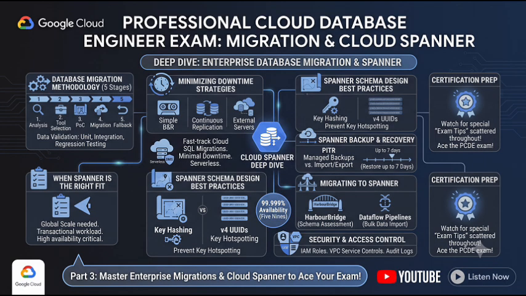Historically, in computer science, you had to make a choice. If you wanted ACID transactions and standard SQL schemas, meaning mathematical guarantees that your bank transfer won't get lost, you used a relational database like MySQL. But relational databases only scale vertically. You just have to keep buying a bigger, more expensive server. Until you run out of bigger servers. Right. If you needed to scale horizontally across thousands of cheap servers, you had to use a NoSQL database.